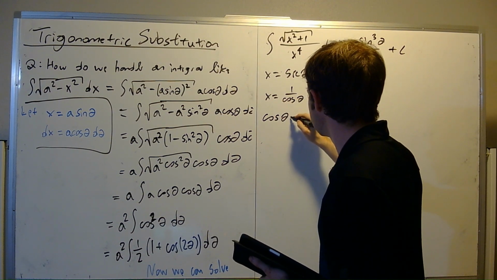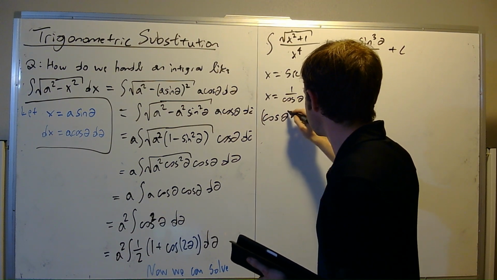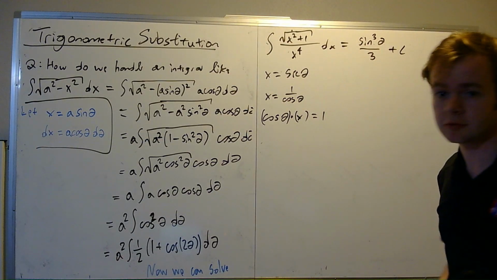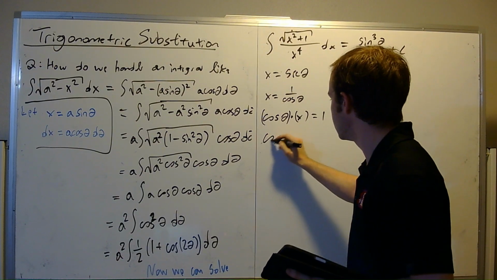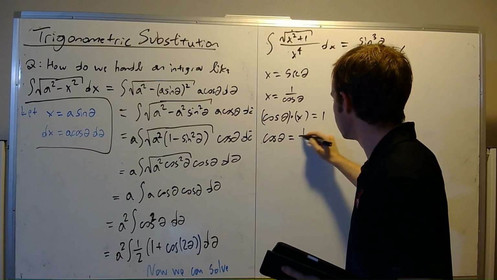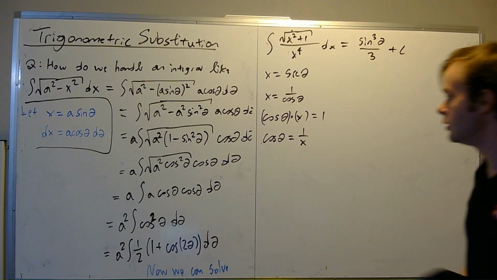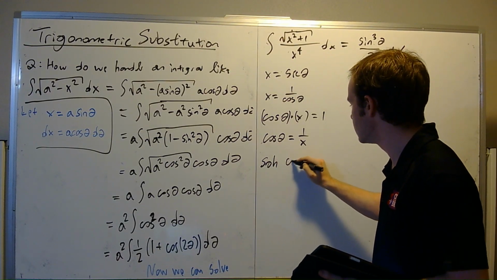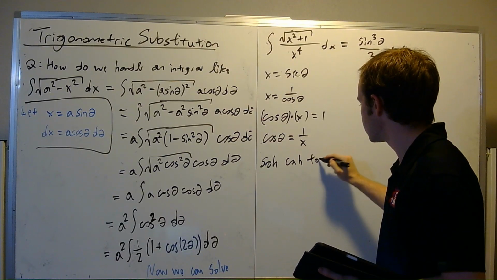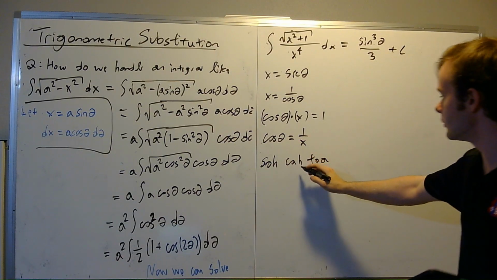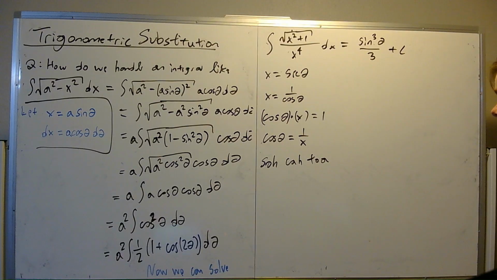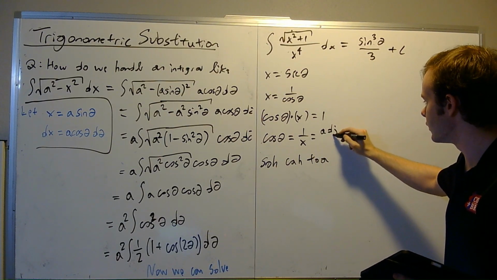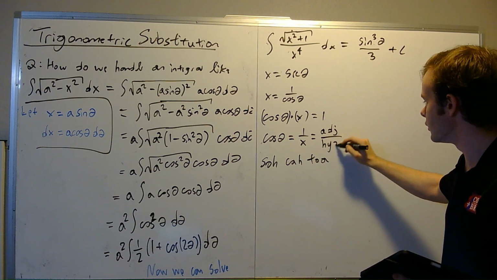Cosine theta times x equals 1, and then we need cosine theta by itself, so we get cosine theta equals 1 over x. So the point of that, again, is using our acronym SOH CAH TOA. Cosine is adjacent over hypotenuse. So this is the adjacent side over the hypotenuse.